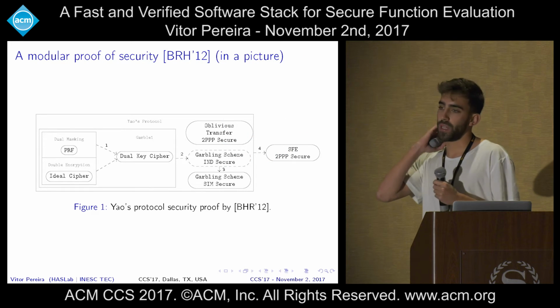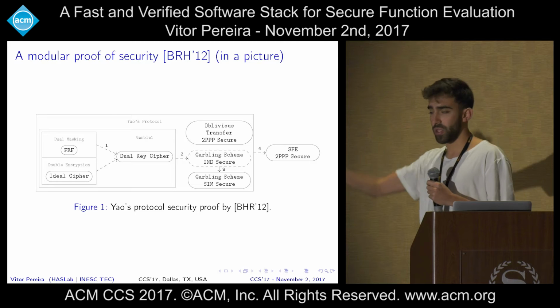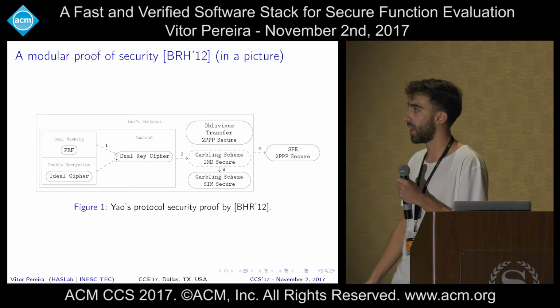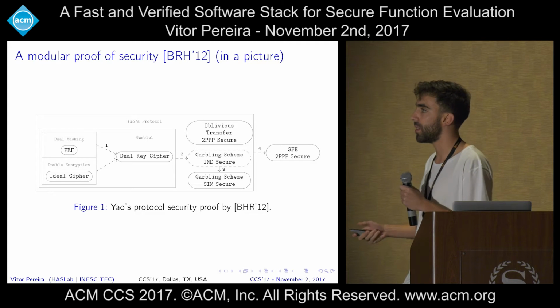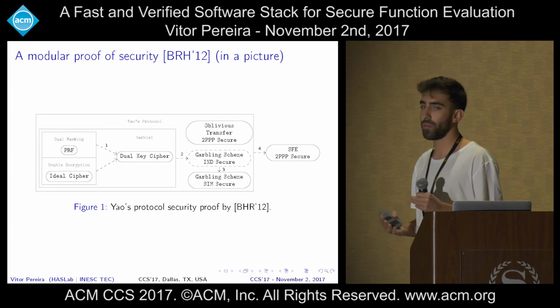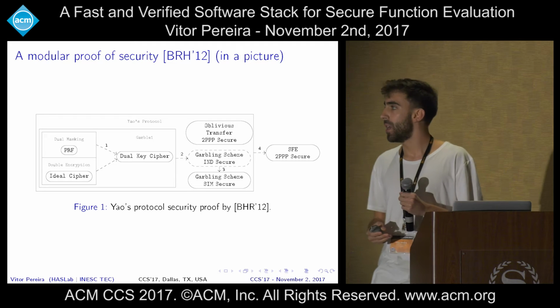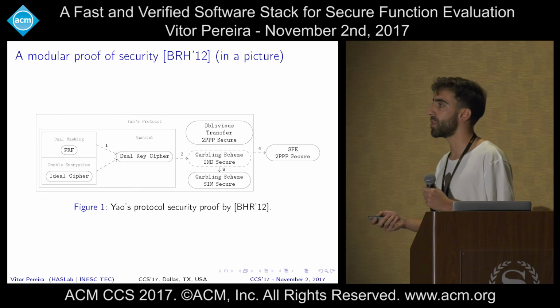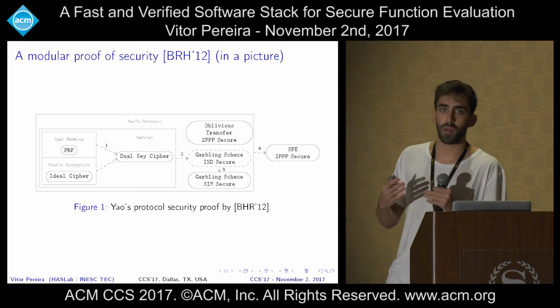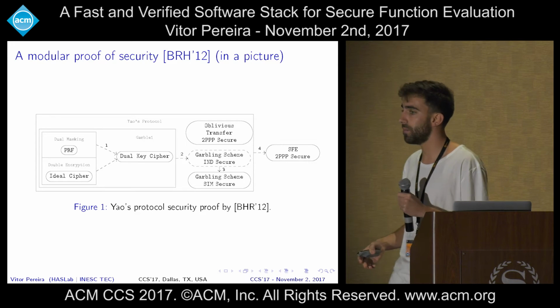Here's a modular proof of security for the Yao SFE protocol, on which we relied, done by Bellare et al. As you can see in this picture, the central role is played by a new primitive called a garbling scheme. The authors prove four very interesting results. The first: the construction of a garbling scheme can be obtained via a dual-key cipher scheme.